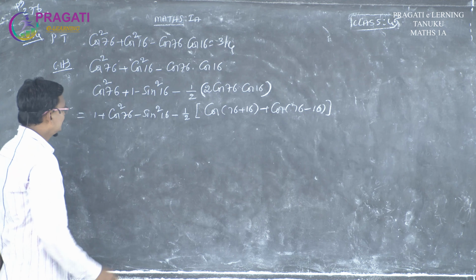Minus 1/2 into cos 92 plus, minus 1/2 into cos 60 degrees. Now you can replace the values. 1 + cos 92 has no value, just write it as it is, but cos 60 has the value 1/2. Minus 1/2 cos 92 minus 1/2 times cos 60, whose value is 1/2.